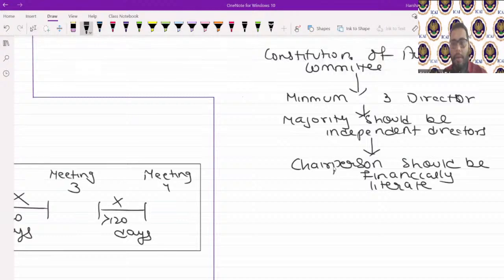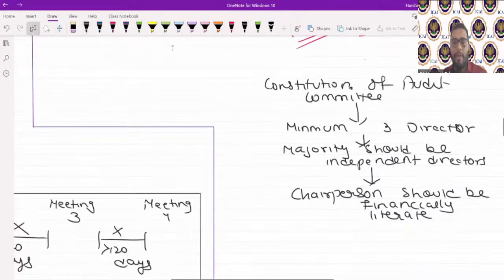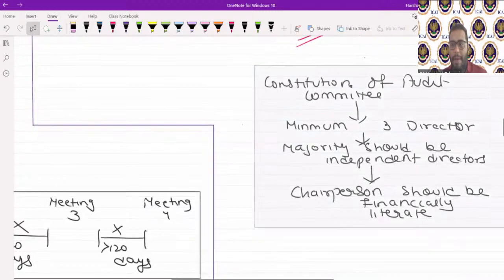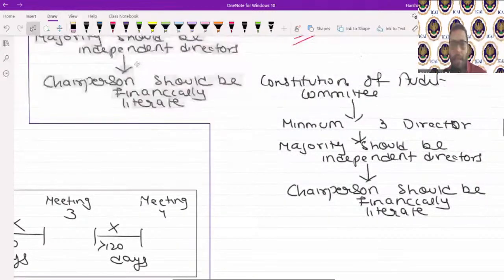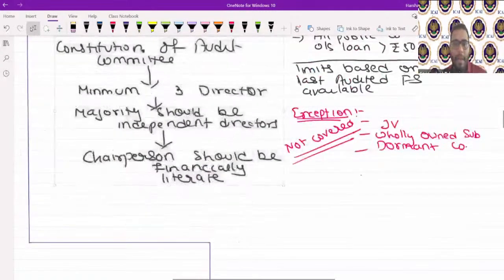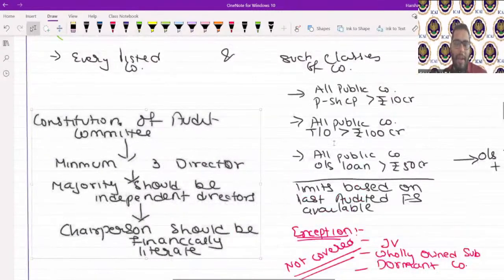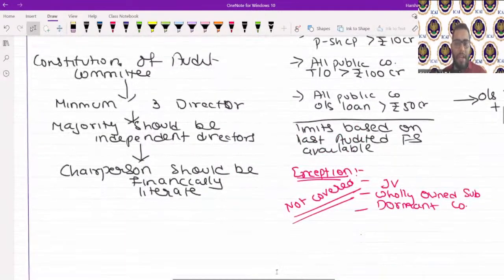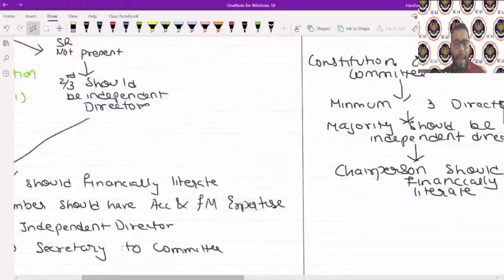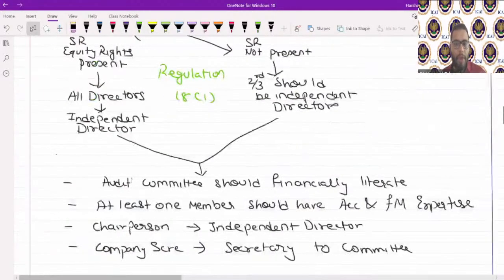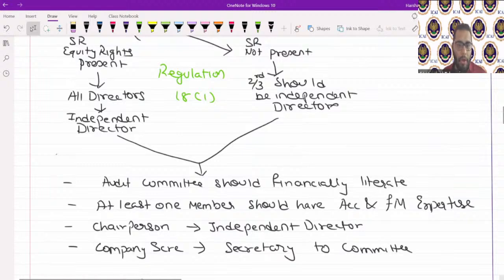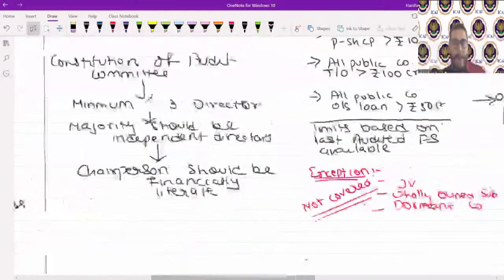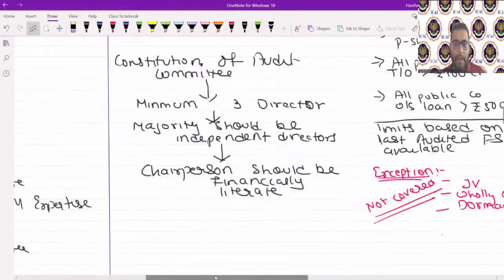In LODR, the whole committee should be financially literate, and at least one member should have accounting and financial management expertise. So LODR is stricter compared to the Companies Act. Clear?